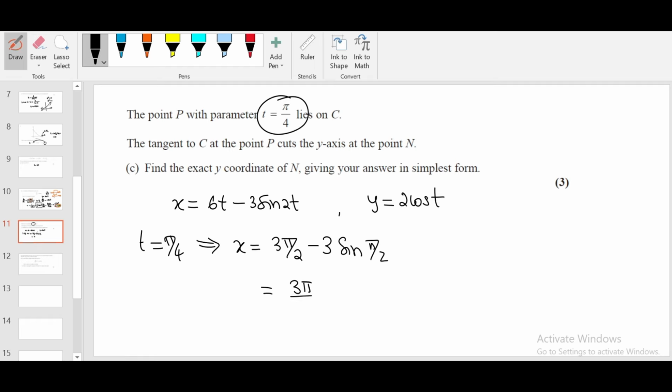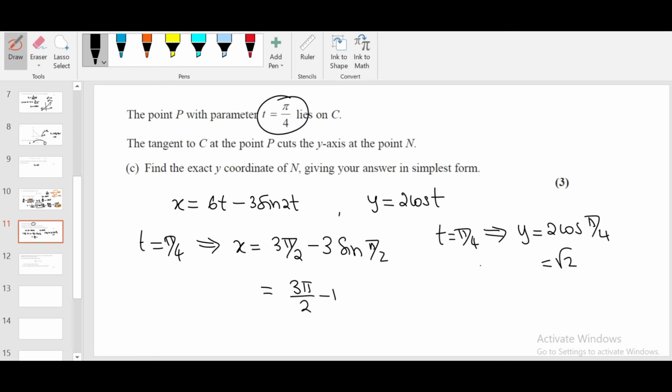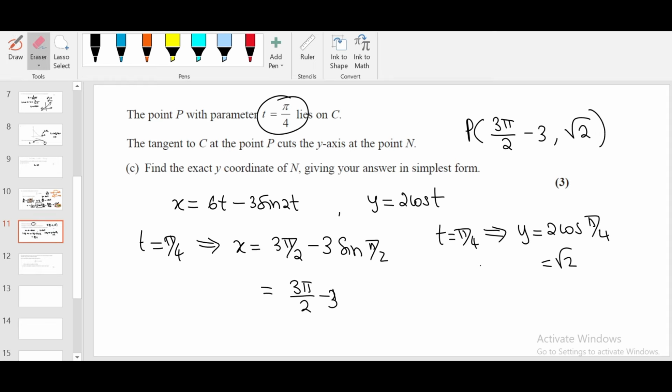So you will get 3 pi over 2 minus 3. That's the x coordinate. Replace t by pi over 4 here. Y is going to be 2 cos pi over 4 in radian mode, which is just root 2. So the point P is basically 3 pi over 2 minus 3 comma root 2.